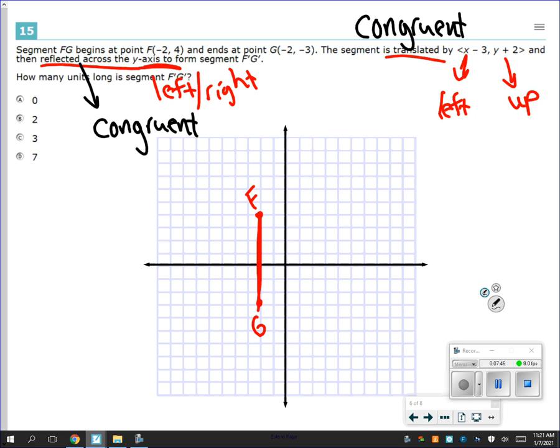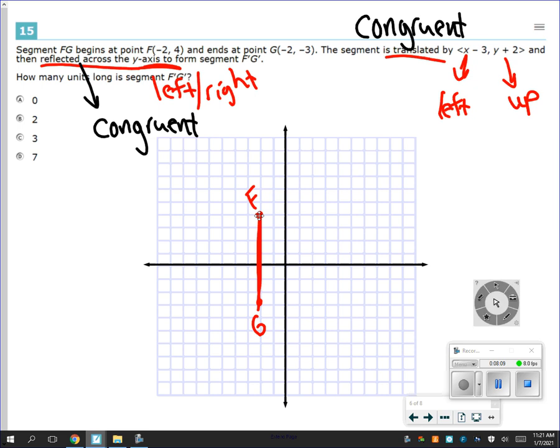So that means I can actually do whatever I want for this line, no matter where I move it, because the two transformations I'm doing, the reflection and the translation, everything's congruent this entire time. So whatever size this thing starts at, it's going to end at that size.